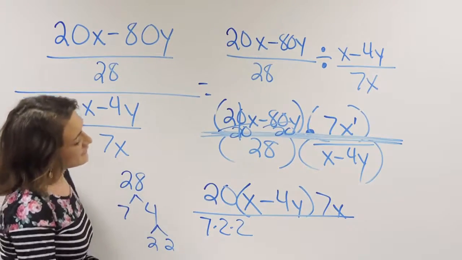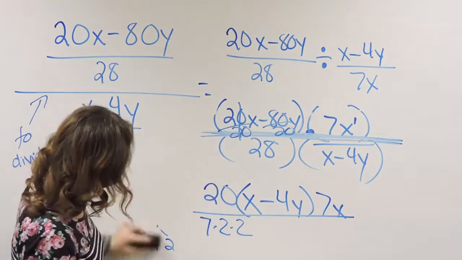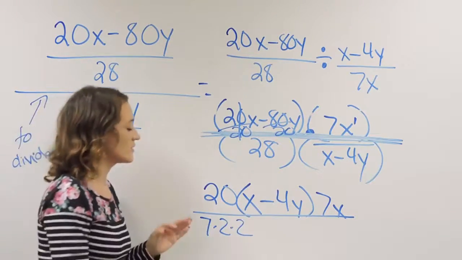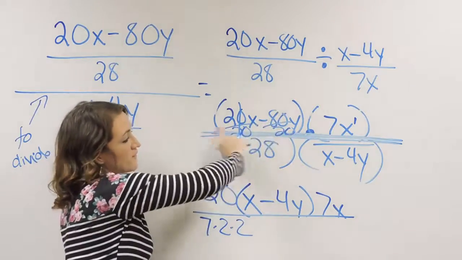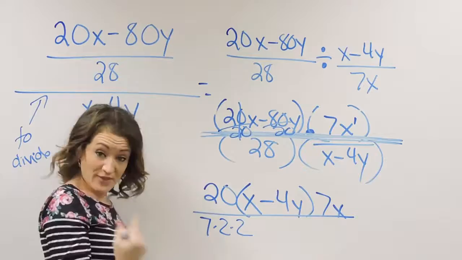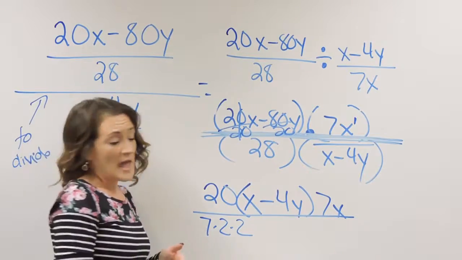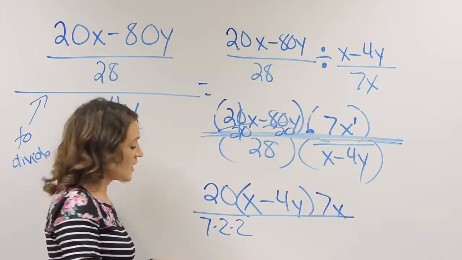And now that I'm looking at this problem, going back to my working answer over here, I have this 20 here. And we factored out this 20 from this binomial over here. But technically, we can break up that 20 even further. And we want to do so just in case it's going to cancel out with anything in the denominator.